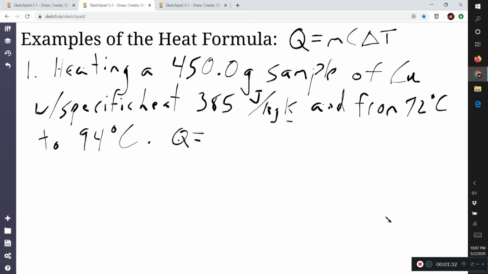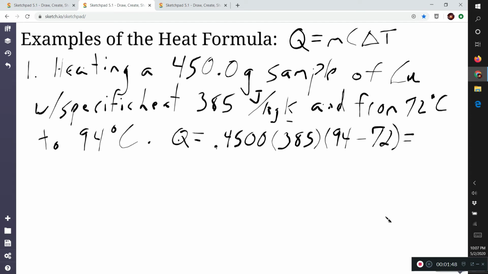So we're going to go with 0.4500 times the specific heat, 385, times the difference. We can just do the subtraction in our problem, 94 minus 72. We're going to be limited to 2 sig figs because of our temperatures, and we do that calculation. We get, with appropriate sig figs, 3,800 joules.